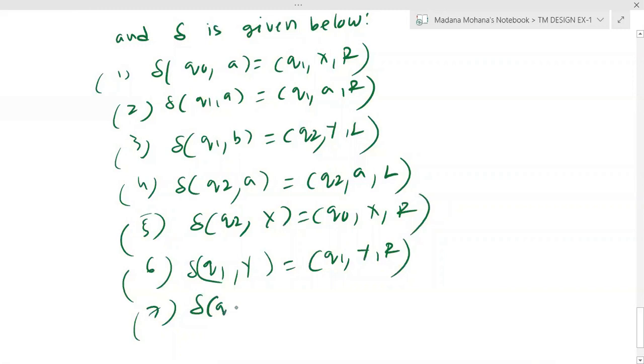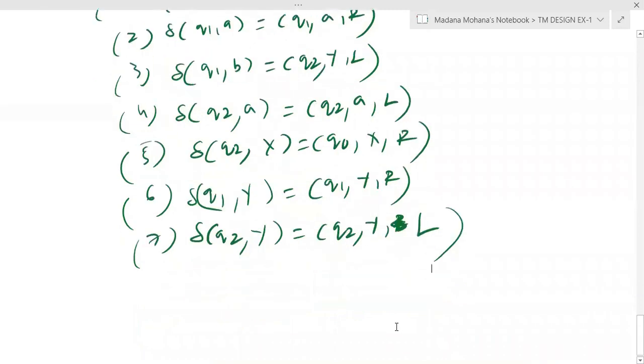So delta of Q2 on Y, this is again new, so Q2 Y by Y left. Whenever Y is there while coming back, Y is skipped and it moves left. So now again you will get the same Q naught combination.